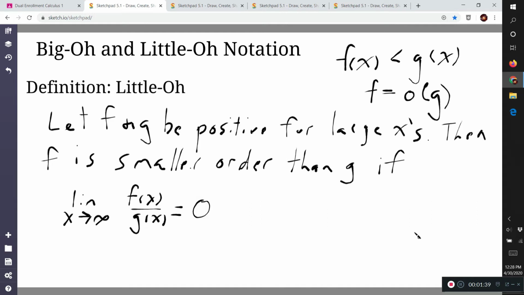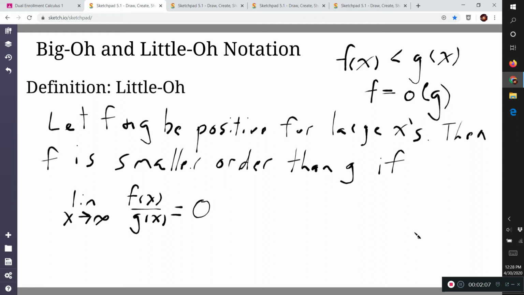So yesterday we talked about relative growth rates, and we talked about how if g is growing faster than f, in this situation the limit as x goes to infinity would be 0. So this is also equivalent to saying the limit as x goes to infinity of g of x over f of x is infinity. So if you reversed them, it could also be true for if it equaled infinity.